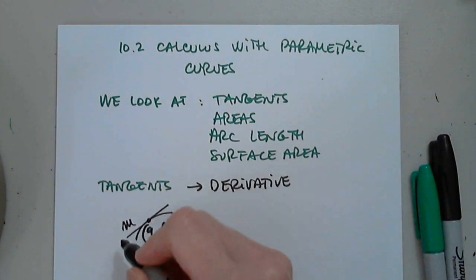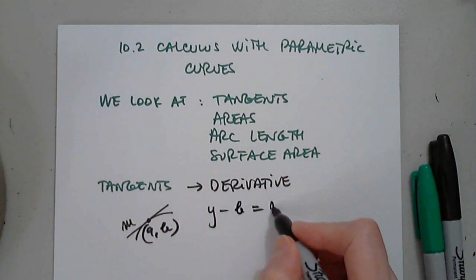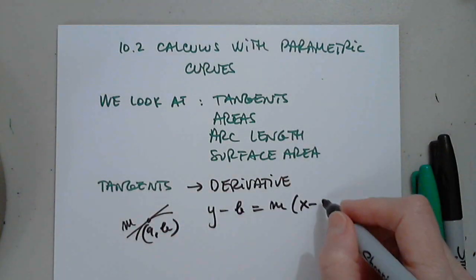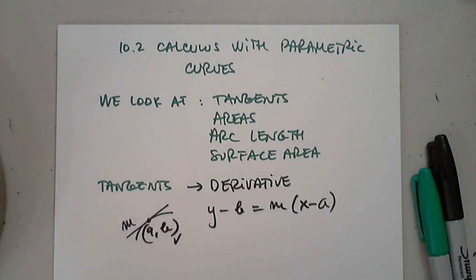And we determine the slope of the tangent line, and of course, y minus b equals the slope times x minus a. So the point will be given to us, or we have to determine it, and in order to find the tangent, we will have to use the point-slope form with the point that we determined or it's given to us and the slope.